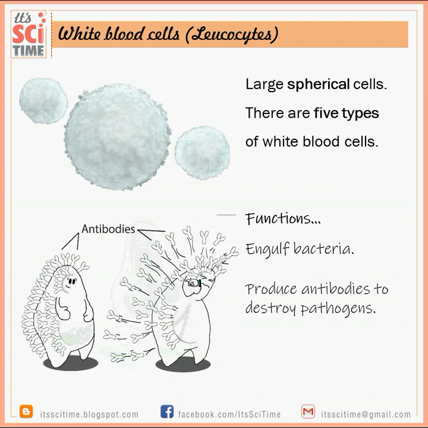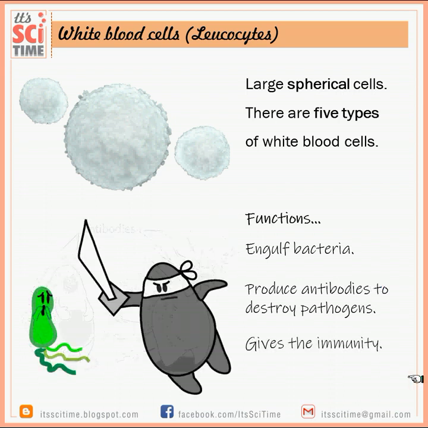The other fighting mechanism is producing antibodies. We can call these antibodies the weapons. Once a germ attack comes, they can make weapons and destroy the pathogens, the microorganisms. So that is the second function. The third way that they protect our body is giving immunity and maintaining the alarm, a consistent fight against the germs.